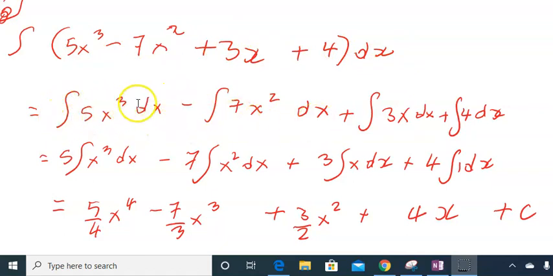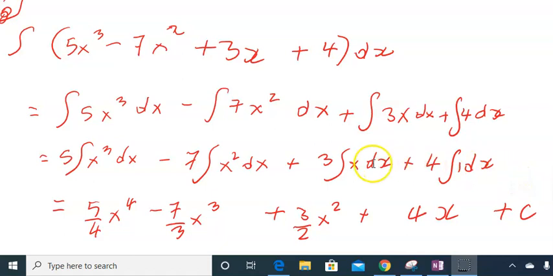Integral of 5x cubed dx minus integral of 7x squared dx plus integral of 3x dx plus integral of 4 dx. And that's going to be equal to, if we factor out the 5 by our constant multiple rule, 5 integral of x cubed dx minus 7 integral of x squared dx plus 3 integral of x dx plus 4 integral of 1 dx.